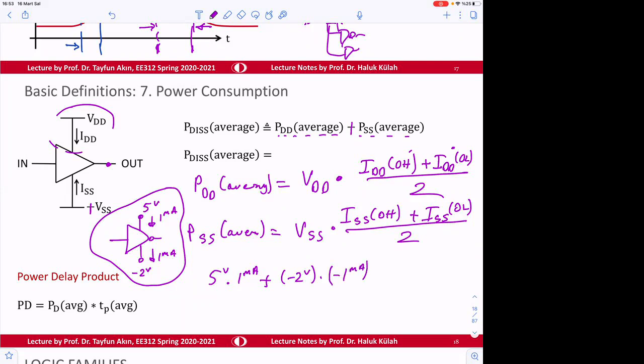So therefore, power dissipation is going to be 7 watts. Is that okay? It should be milliwatt, professor? Milliwatt. Yes, you're right. Thank you.